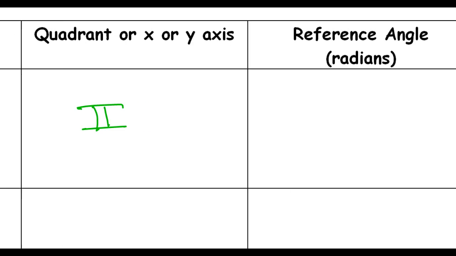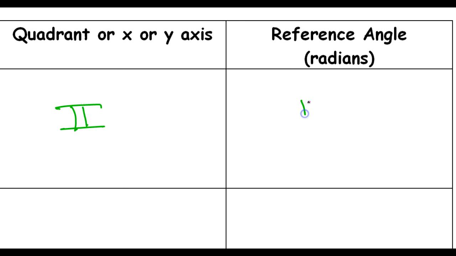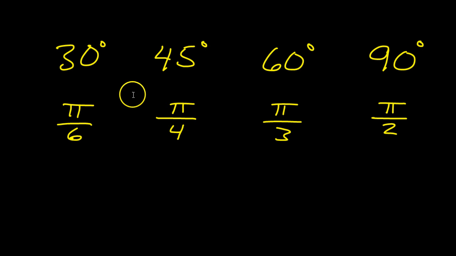Now the reference angle is just going to be pi over 4. And that's the way it's going to be for any special angle. When I talk about special angles, in degrees, I would be talking about 30 degrees, 45 degrees, or 60 degrees. But in radians, that's pi over 6, pi over 4, and pi over 3. Pi over 2 is a little bit different.